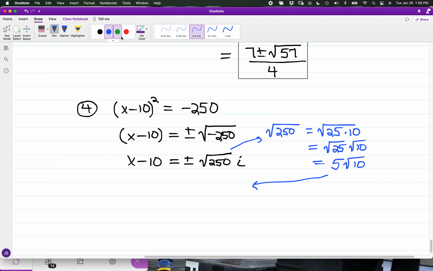Relaying back to the equation, x minus 10 is equal to plus or minus 5 times the square root of 10i.